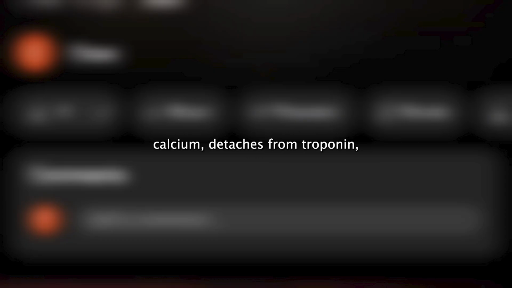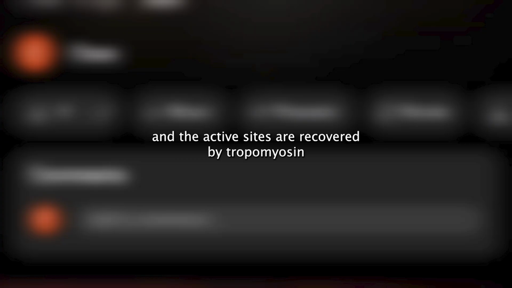As calcium is pumped back into the sarcoplasmic reticulum and calcium concentration in the cytosol falls, calcium detaches from troponin. Troponin returns to the original position, and the active sites are recovered by tropomyosin, and the contraction ends. Everybody follow that?